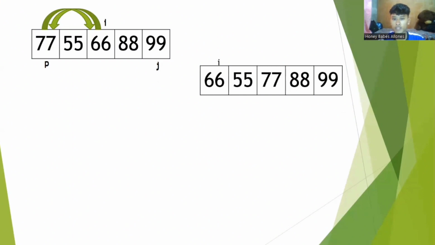So we are not done yet sorting the right array. We choose 66 as our pivot and I, and 55 as our J. Since J is less than our pivot is true, I will increment, and I and our pivot exchange places.